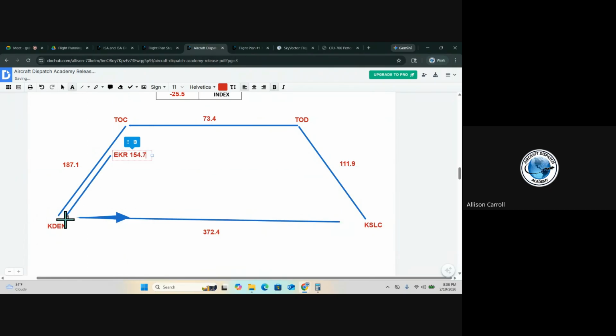Okay, so this is the SID. Denver to Meeker is that SID, and it takes 154.7 miles to get to Meeker. Well, that means we're still climbing for another 30 something miles until we hit 38,000 feet. Okay, so now think, after Meeker, what am I doing as far as my route?